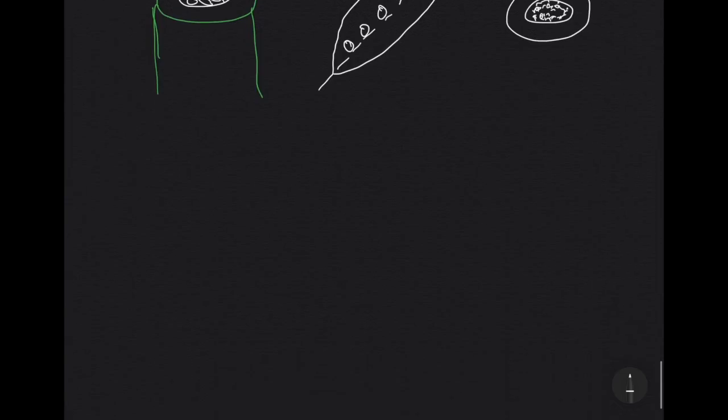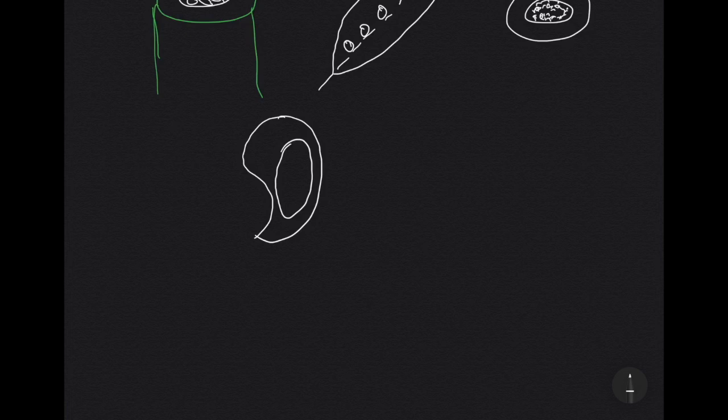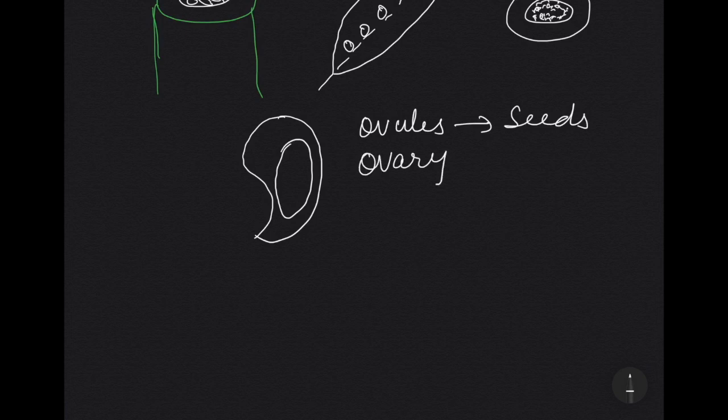Or in the case of a mango, you will see right at the center you have the seed. So that is how the arrangement can be seen. That is the arrangement of the ovules on the walls of the ovary. Later, ovules turn into seeds and the ovary turns into fruit.